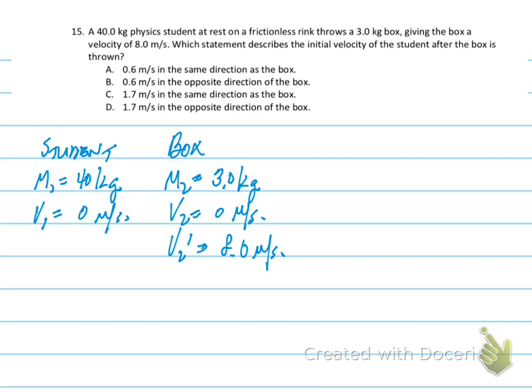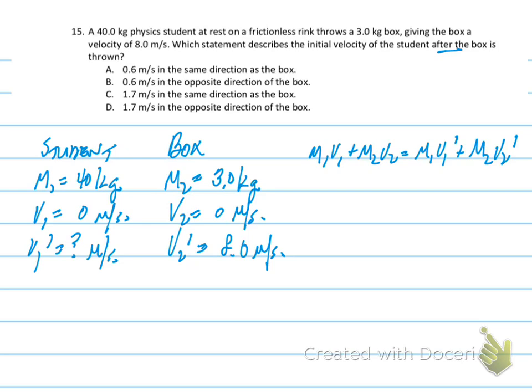Which statement describes the initial velocity of the student? Oh, after the box is thrown. So the final velocity is what we're looking for. So we would have m1 v1 plus m2 v2 equals m1 v1 prime plus m2 v2 prime.